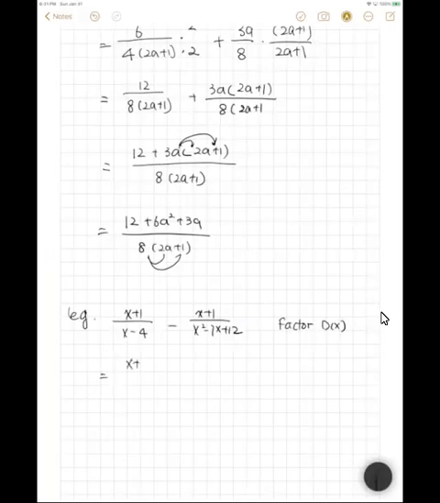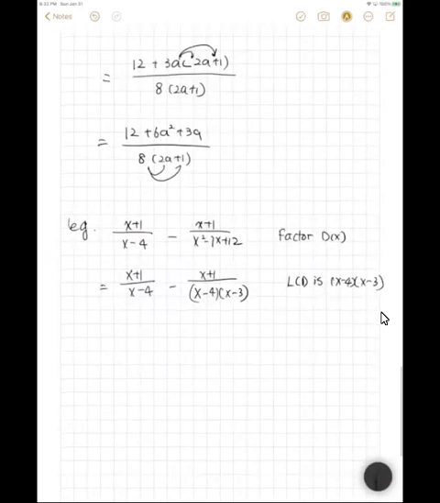I use the AC method, so I have x minus 4 times x minus 3. So the least common denominator is x minus 4 times x minus 3. That means I just need to multiply the first one by x minus 3 on the top and bottom, and the second one will remain the same.